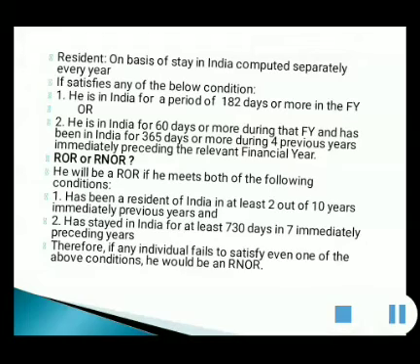If he satisfies any of the basic conditions but does not satisfy both alternative conditions, he is known as resident but not ordinarily resident. If any individual fails to satisfy even one of the alternative conditions, he would be a resident but not ordinarily resident.